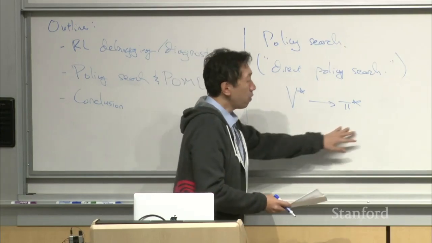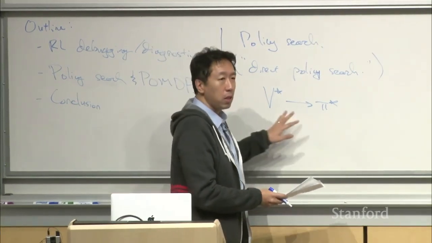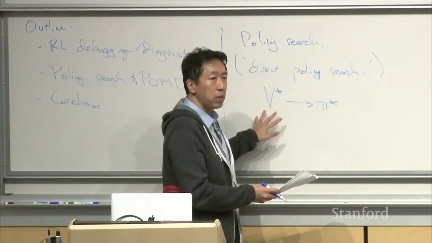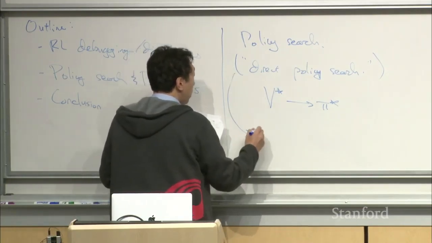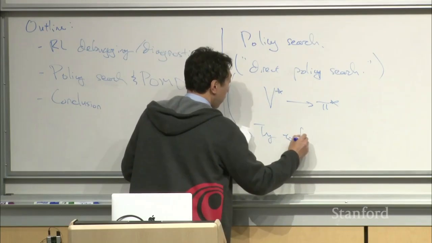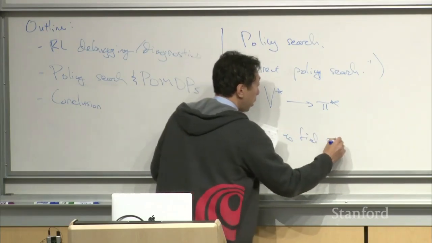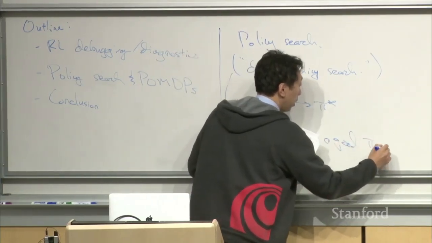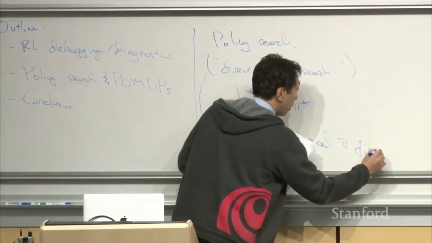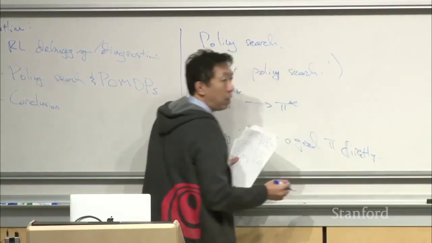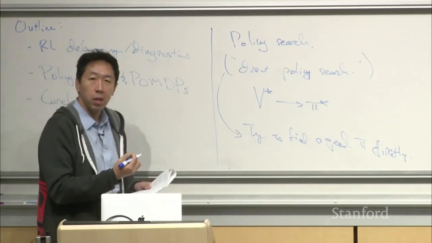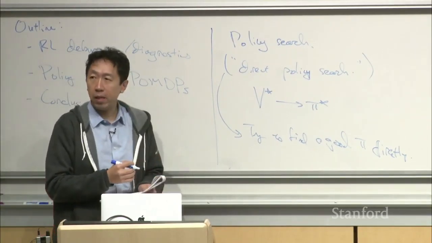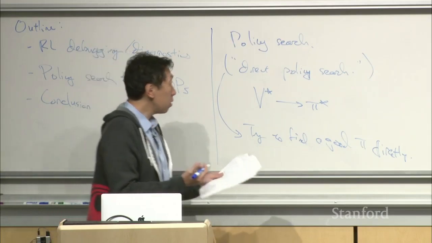So this is an indirect way of getting at a policy because we would first try to figure out what the value function is. In direct policy search, we try to find a good policy directly. Right, hence the term direct policy search, because you go straight for trying to find a good policy without the intermediate step of finding an approximation to the value function.